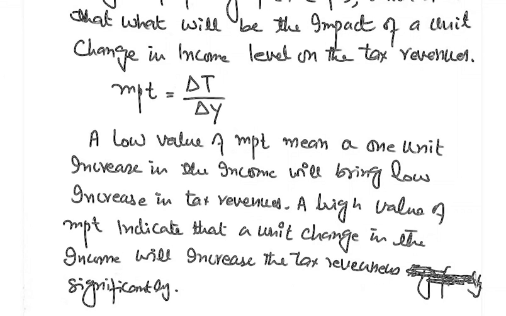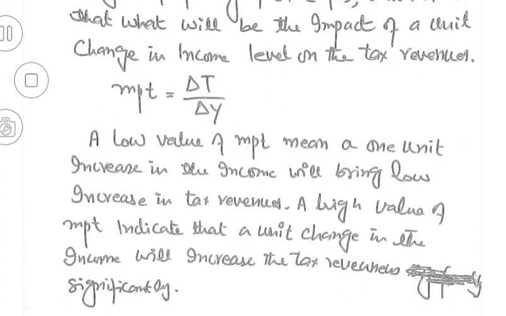So we have studied the derivation of the formula for national income with induced taxes, and we have also studied in detail the formula for tax revenue and its graphical presentation.